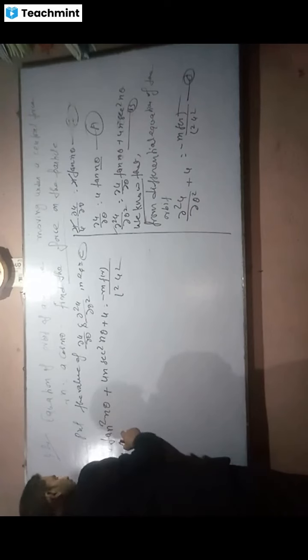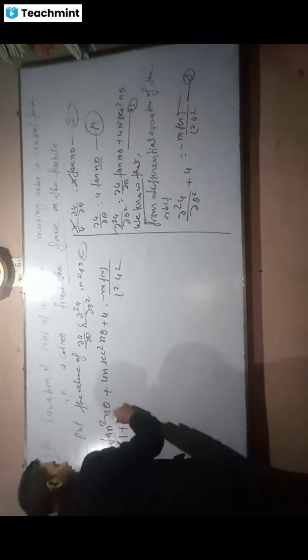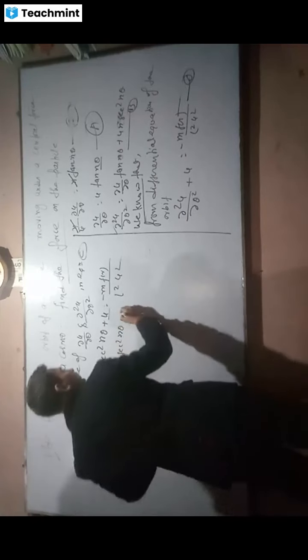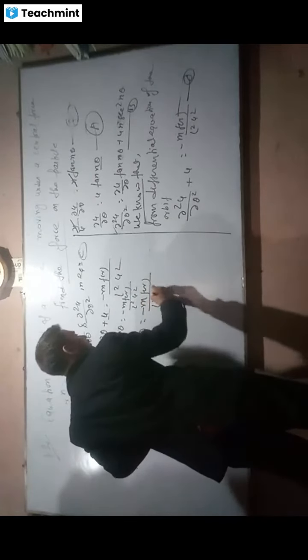I will write it as u(1 plus tan² nθ) plus u n sec² nθ. Now we take u common, that means 1 plus tan² nθ, here tan² is common, plus u n sec² nθ equals to minus fr upon L² u².